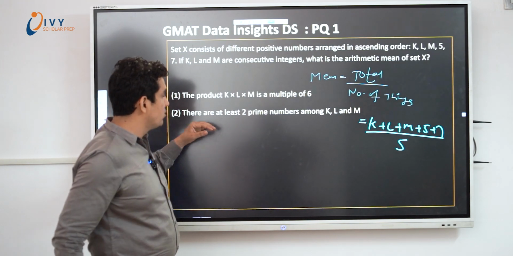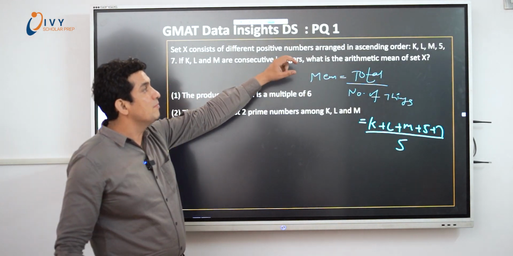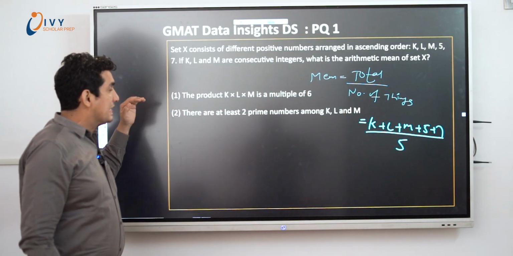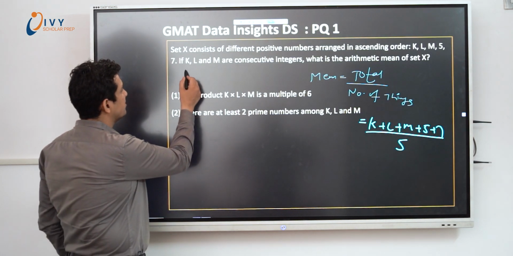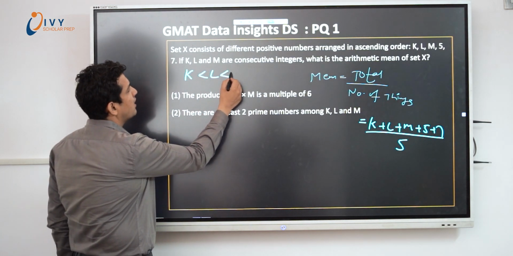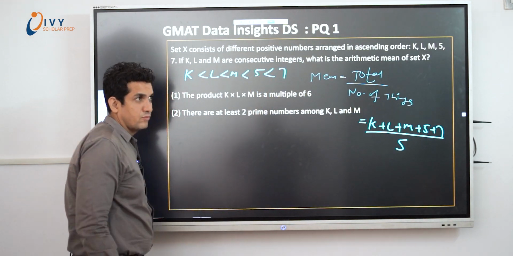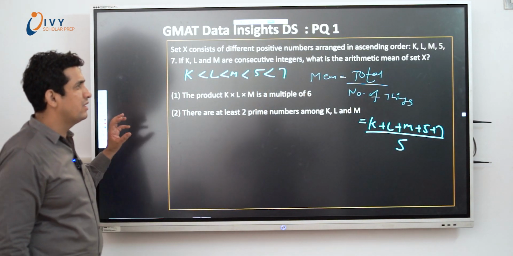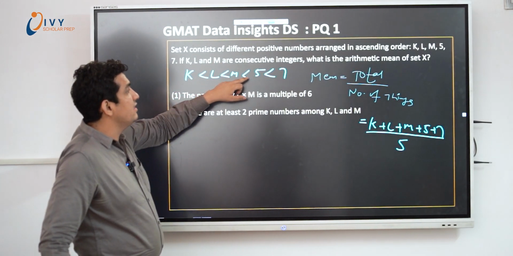Now, before going to the statements, let's try to visualize what the possible values of k, l, m can be. They said they are consecutive integers, so they are in the order k, l, m, 5 and 7, and k, l, m are consecutive integers that have to be less than 5.